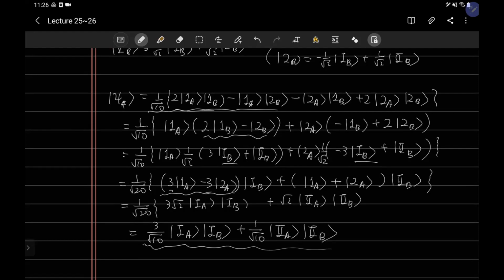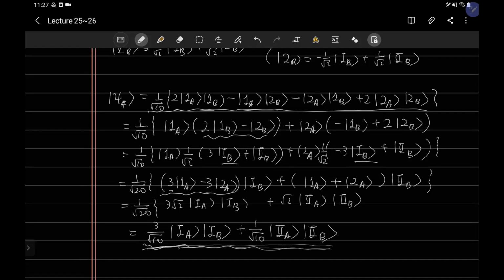Initially, I started with this kind of formula, which has all the possible combinations of 1, 1 and 1, 2 and 2, 1 and 2, 2. But by going through the clever basis transformation, I actually turned the entire quantum state into this form.